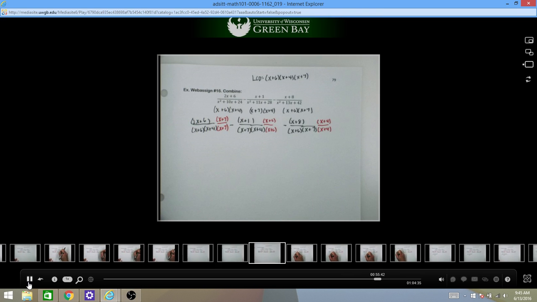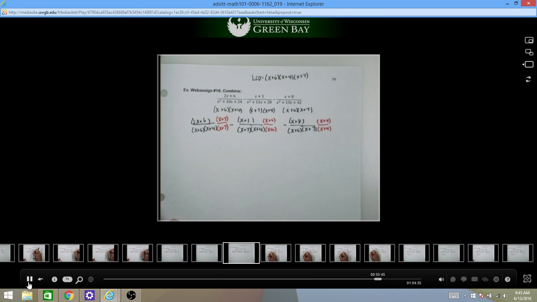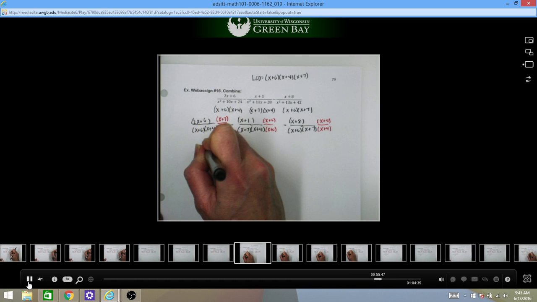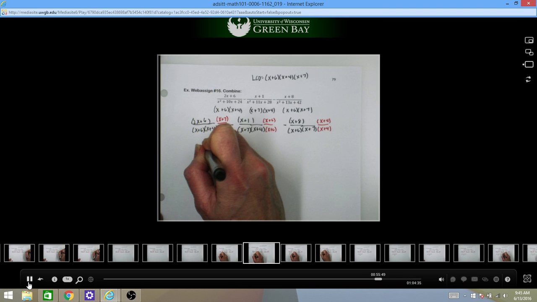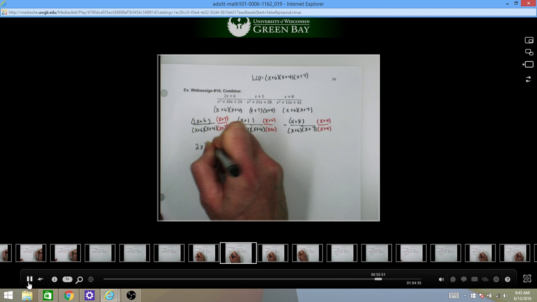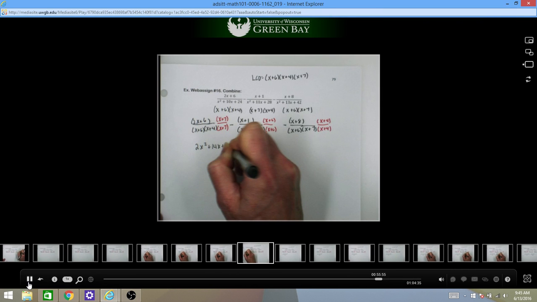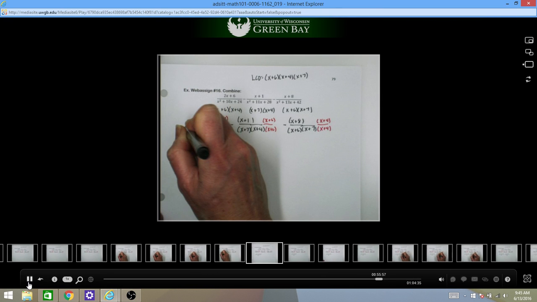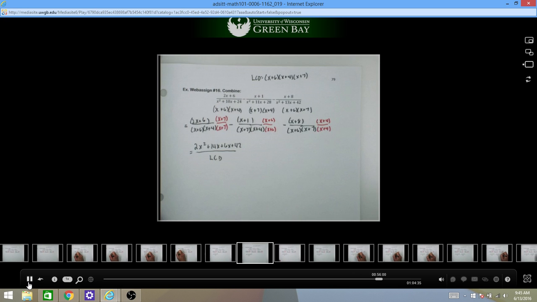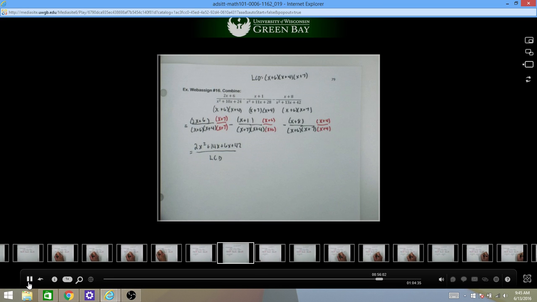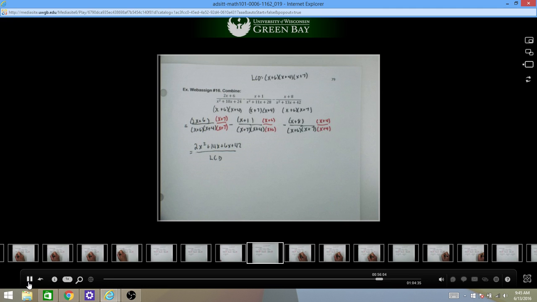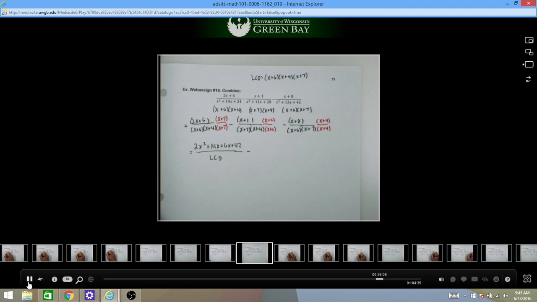So we'll multiply out all these numerators. We get 2x squared for the first terms, plus 14x, plus 6x, plus 42. And we'll just say LCD for now. And check your arithmetic.